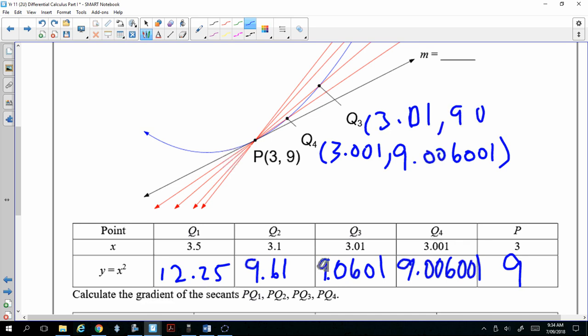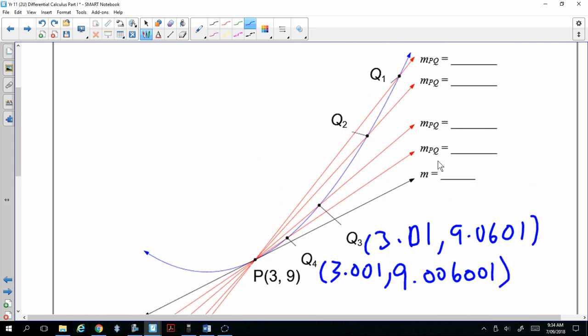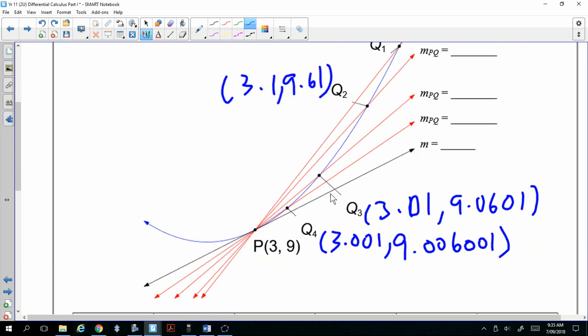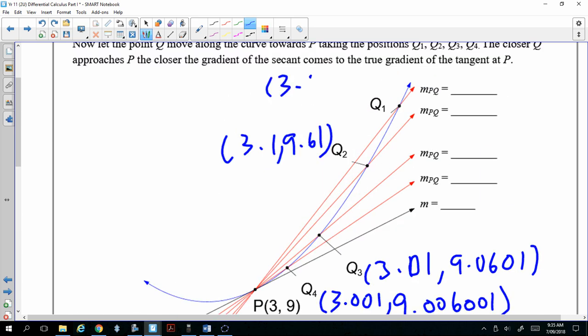And Q1 will be 3.5, 12.25. Just label it there so you can visually see what they are. Cool. As you can see, Q4 is almost exactly the same as P, right?